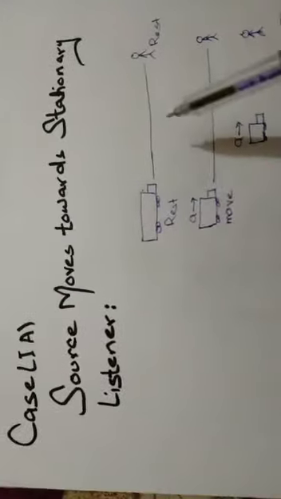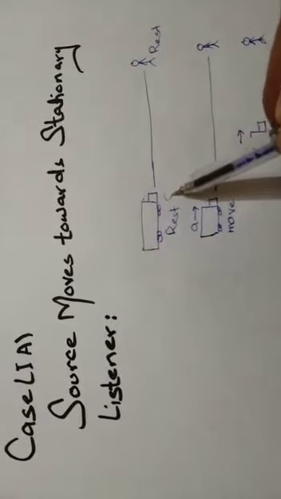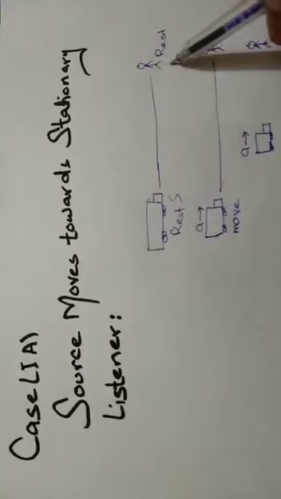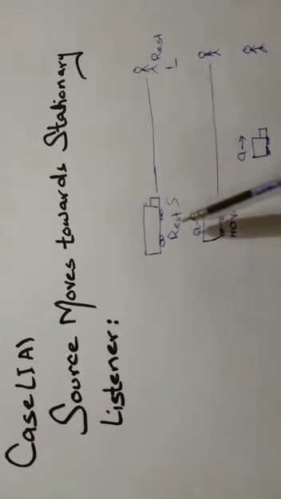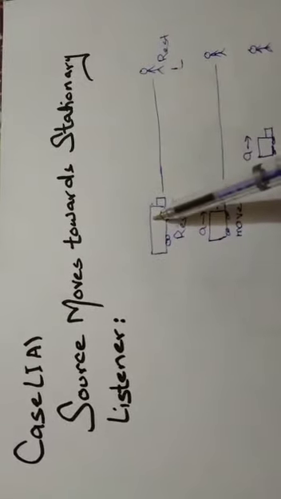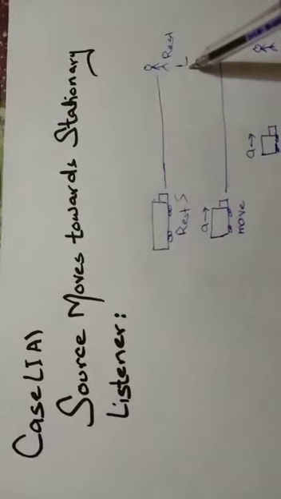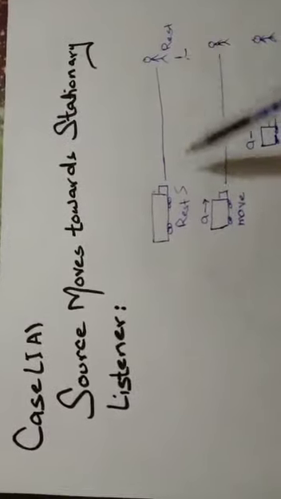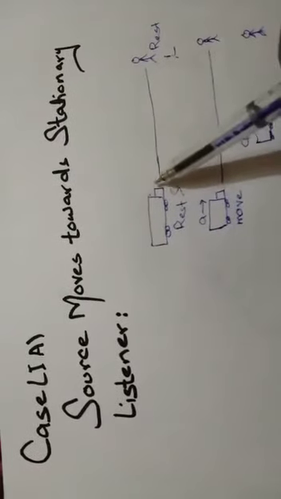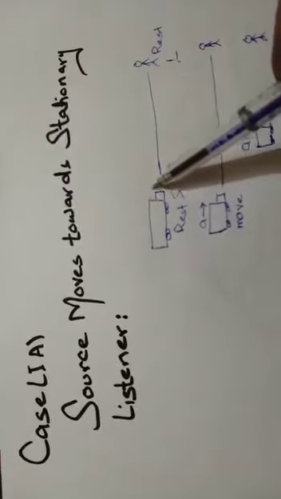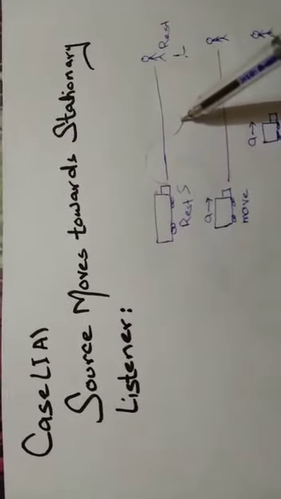So let us consider a source of sound S and a listener L. Initially, this source of sound is in a state of rest and this listener is also in a state of rest. So this sounding source generates sound of a certain frequency and a certain wavelength.